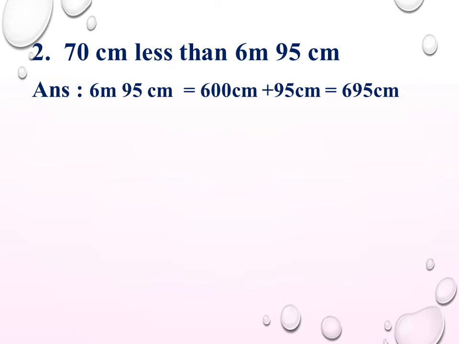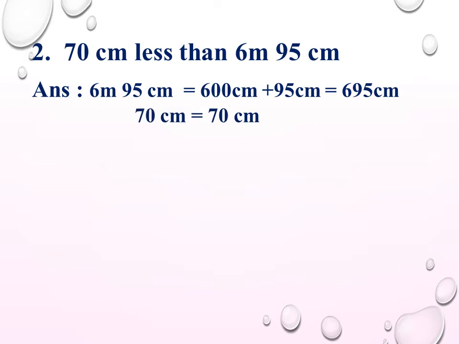6 meters, we know that it is nothing but 600 centimeters. So 6 meter 95 centimeters is equal to 695 centimeters. As usual, 70 centimeters remains like that only.